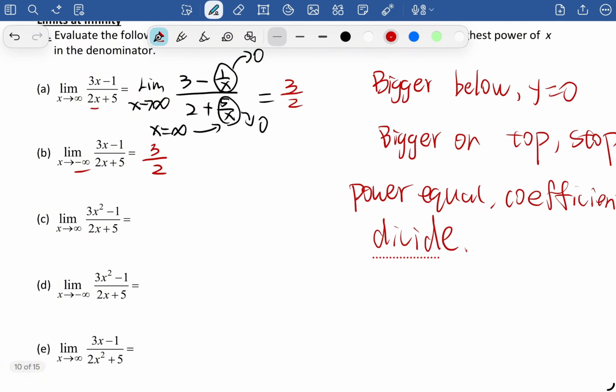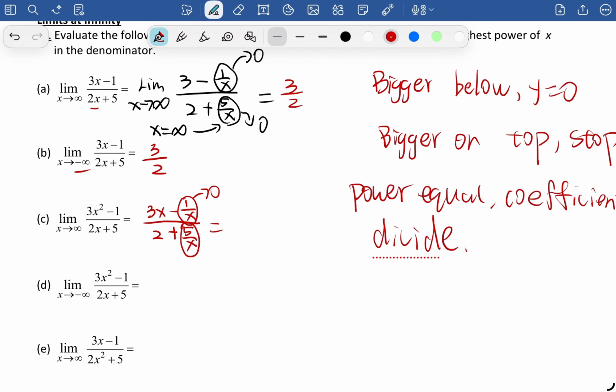What about this one? So we divide the whole thing by x. So this is going to get 3x minus 1 over x divided by 2 plus 5 over x. If you plug x equals infinity in, these two are 0.